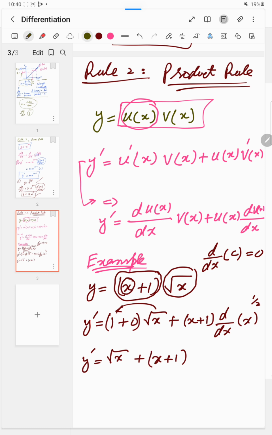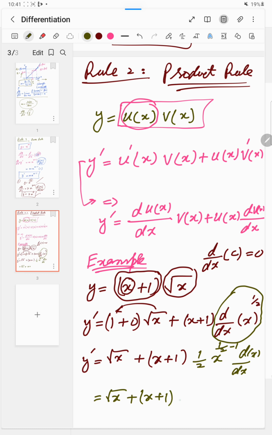Okay, we have to find the derivative of this one, so first of all here we apply the power rule. Power will be in the start, x raised power 1 by 2, then minus 1, then the derivative of the base, so our base in this case is also x. Okay, so it becomes x square root plus x plus 1, and 1 by 2 will be as it is.